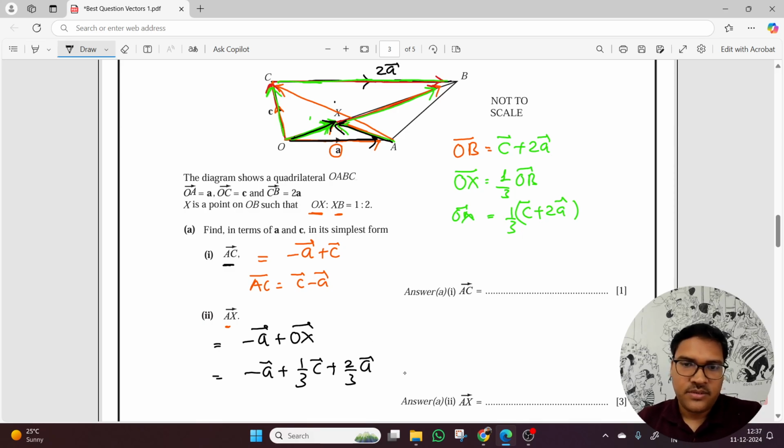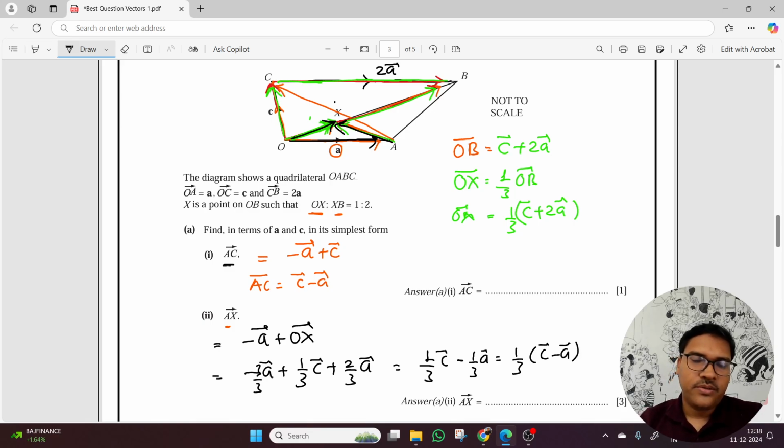If I simplify this, this is 1/3 C vector, and minus 1 plus 2/3, you can write minus 3/3 plus 2/3, which is minus 1/3 A vector. So this is 1/3 C minus A. I hope this is also clear. So AX vector, we have got, this is 1/3 of C minus A.